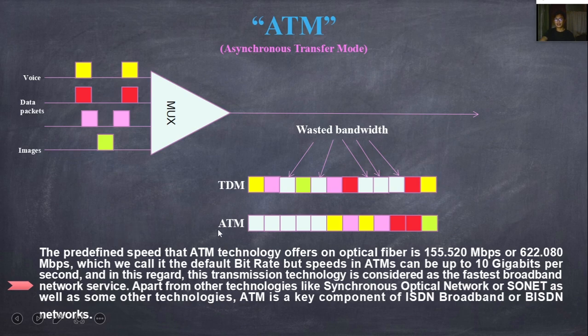In this regard, this transmission technology is considered the fastest broadband network service. Apart from other technologies like the synchronous optical network or SONET, ATM is the key component of the broadband ISDN or BISDN network.